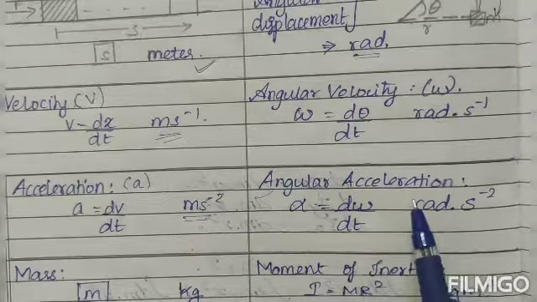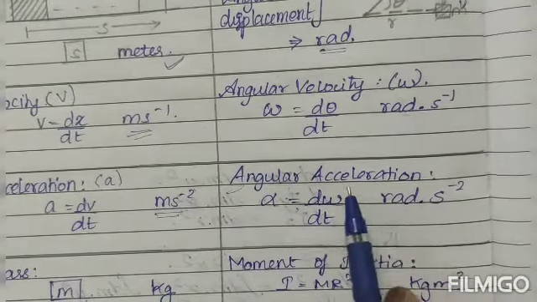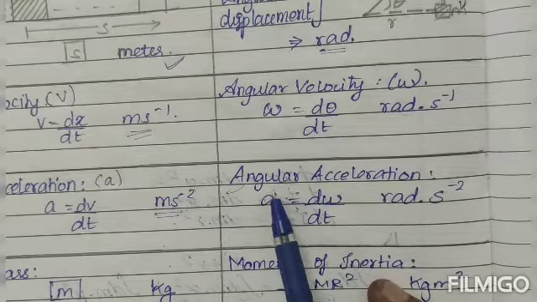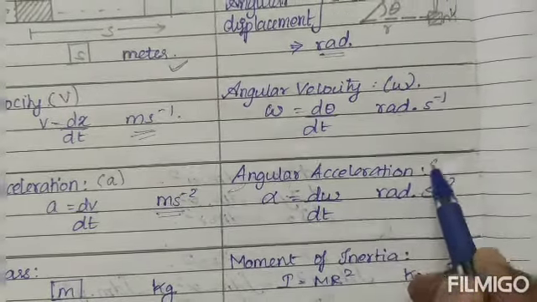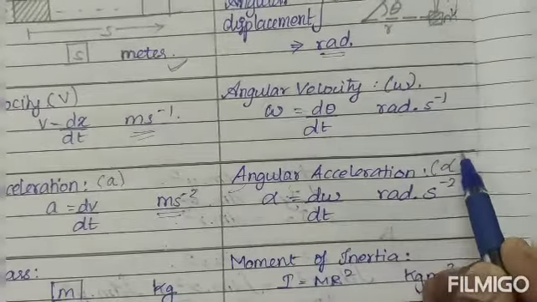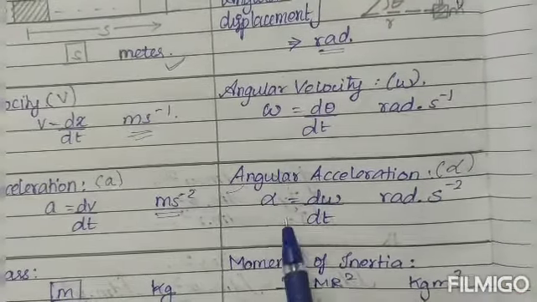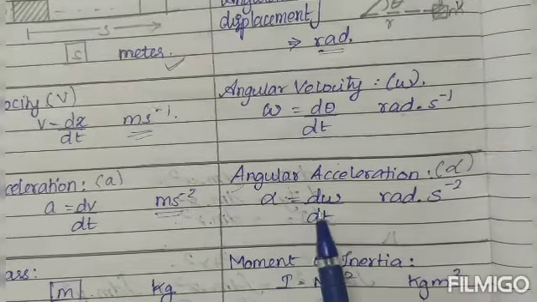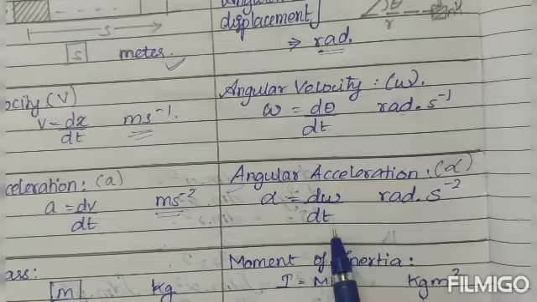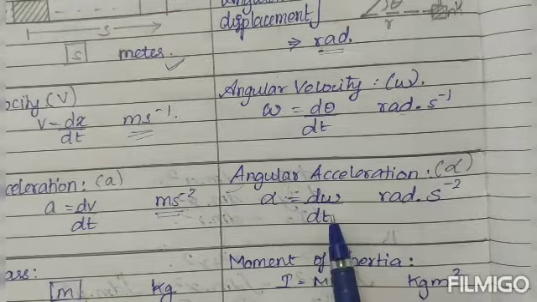In the circular path, in rotational motion, angular acceleration we generally mention by the letter alpha. Alpha, angular acceleration, is change in angular velocity divided by change in time, the rate of change of angular velocity.